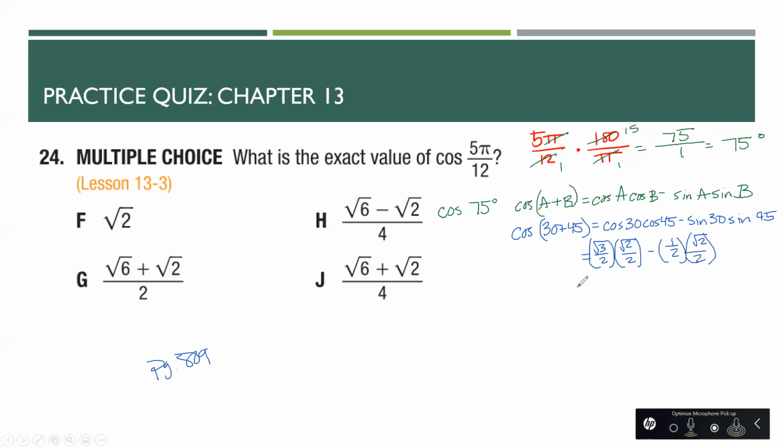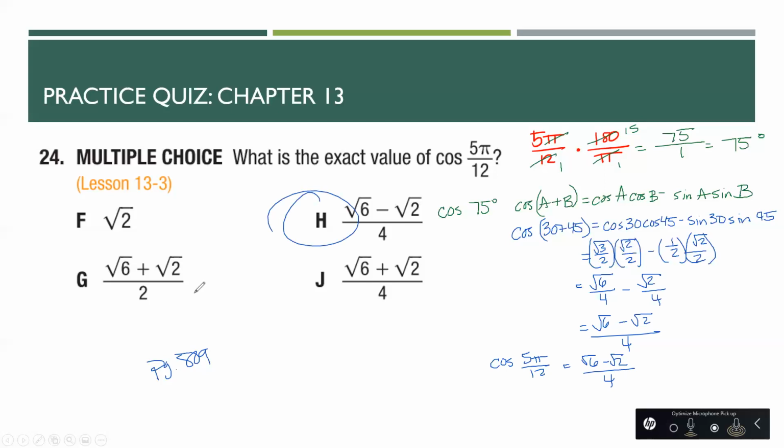Then I multiply radical 3 times radical 2, which is radical 6, and 2 times 2 is 4. And then 1 times radical 2 is radical 2, and 2 times 2 is 4. So I'm going to subtract my numerators, radical 6 minus radical 2, and keep my denominators the same. So the cosine of 5 pi over 12 is equal to radical 6 minus radical 2 over 4.